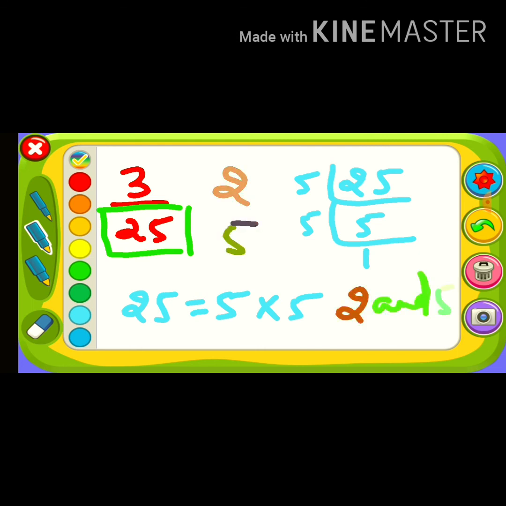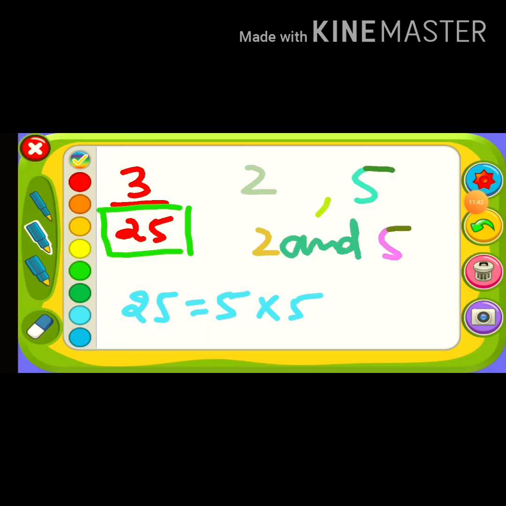The prime factorization should contain either just 2s or just 5s, or a combination of 2 and 5.